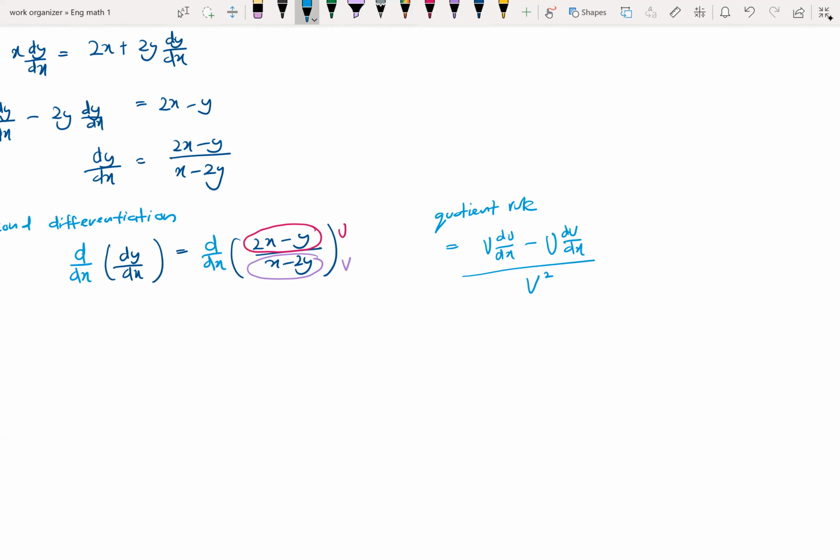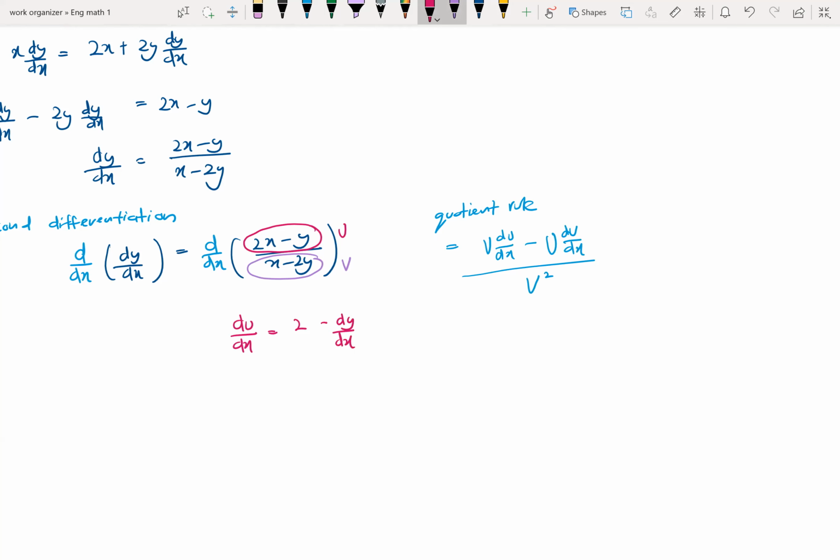So now we are going to find du dx, which is 2 minus dy dx.